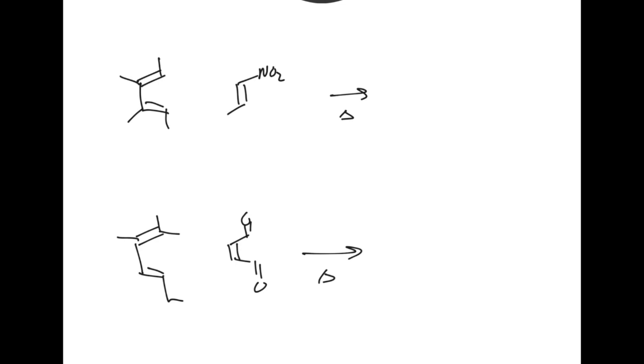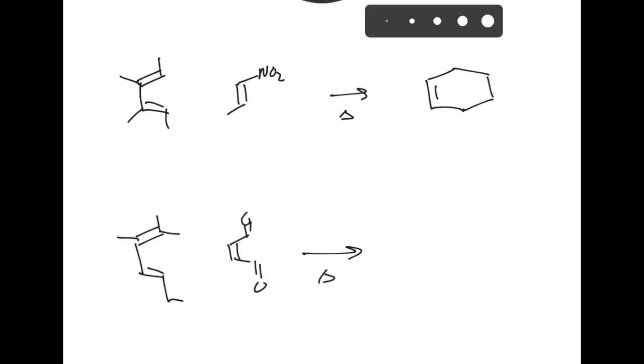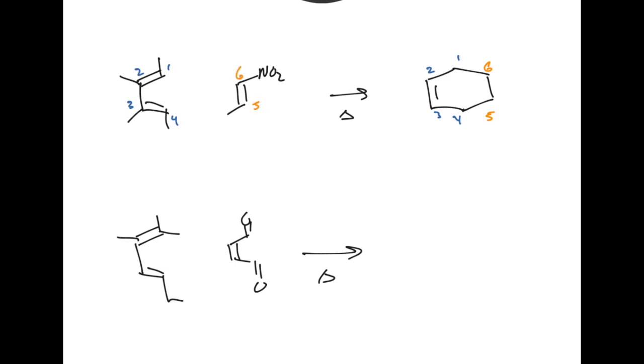And again, since we're doing a Diels Alder reaction, we know that we're always going to get a cyclohexene. And we know based on how we number these that our double bond is always going to be between carbon 2 and carbon 3.